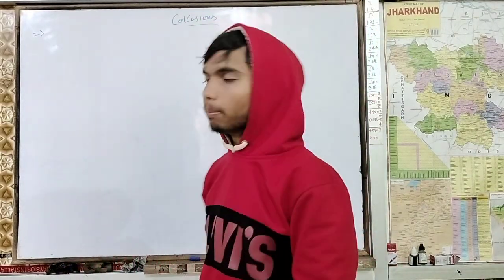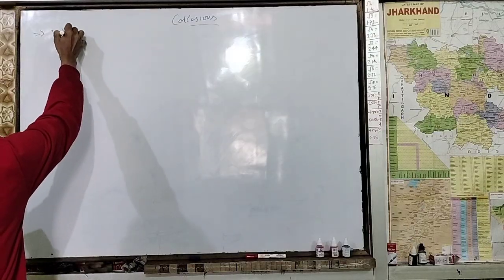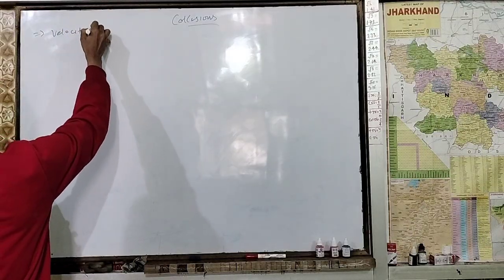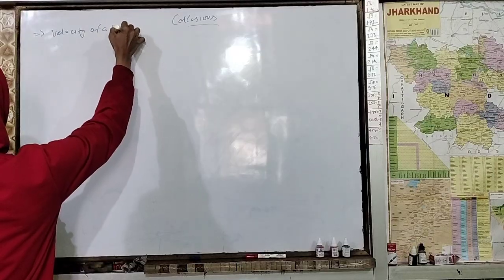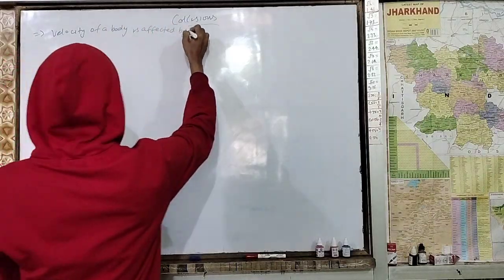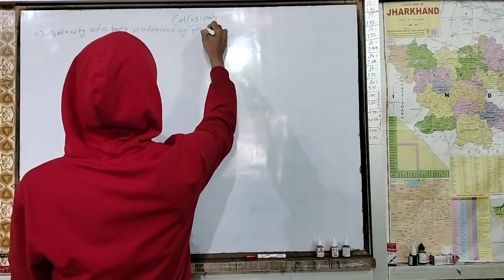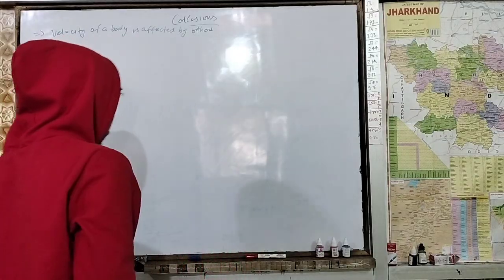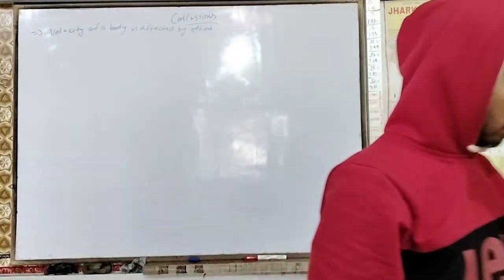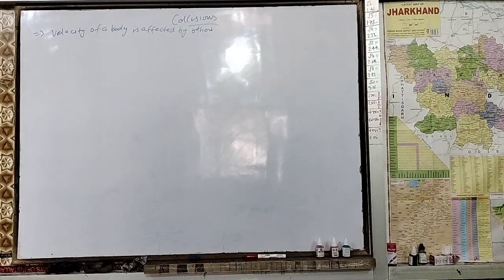This is what a collision is. The velocity of a body is affected by others. Clear? The change of velocity before and after the collision is our collision. The velocity of a body before the event and after the event is a collision.